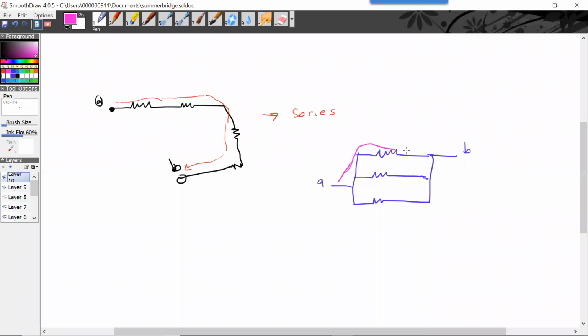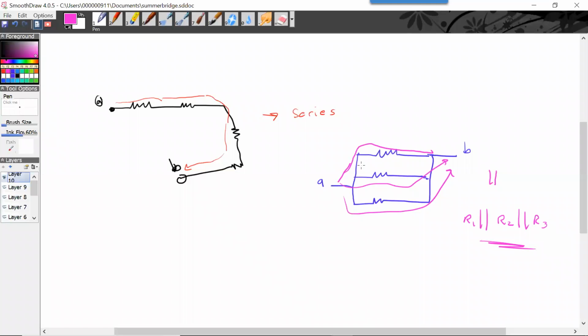I can go through this resistor and get there. I can go through this resistor and get there. I can go through that resistor and get there. So these are all in parallel, which we generally just denote with these double bars. If I write R1 in parallel with R2 in parallel with R3, that's a shorthand that we use.